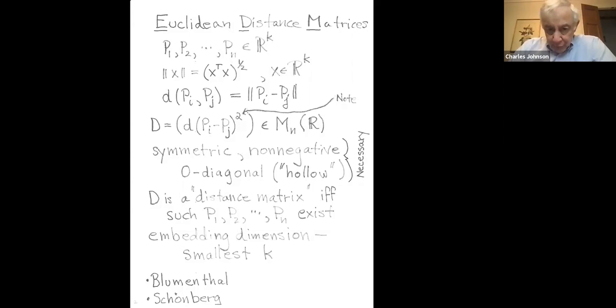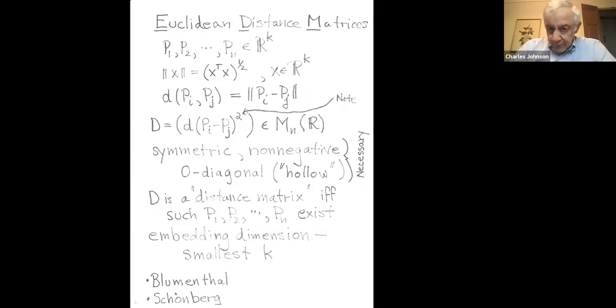So this matrix that we get in this way is, of course, symmetric because the distance from one point to another is the same as the distance from the other to the one. It's necessarily non-negative because these are distances. And it's a matrix with zero diagonal because the distance from one point to itself is zero. That's called a hollow matrix. And I'll refer to these as the obvious necessary conditions.